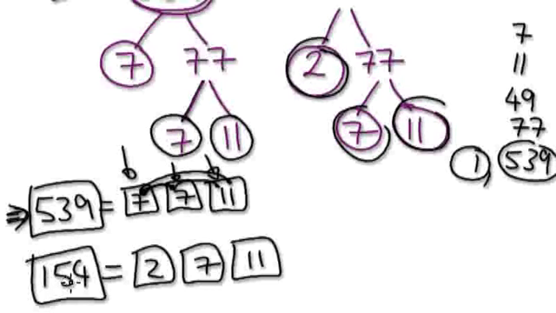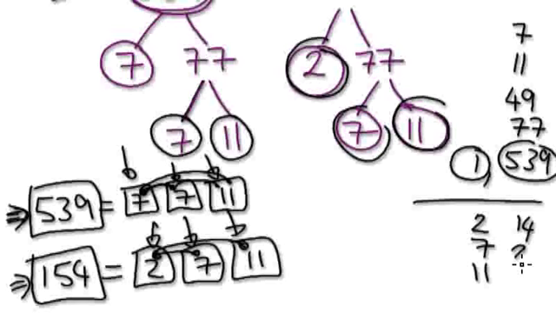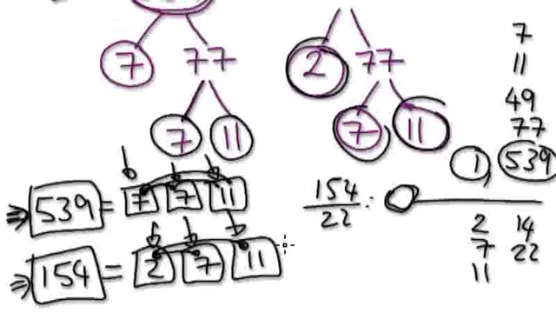And then if you look at 154, if you want to know all the factors, it would be 2 because of this one here. It would be 7, this one here. It would be 11. And then let's combine the two. 14 is another one. And then combine this and this. 22 is another one. If you get 154 divided by 22, it will give you a whole number.